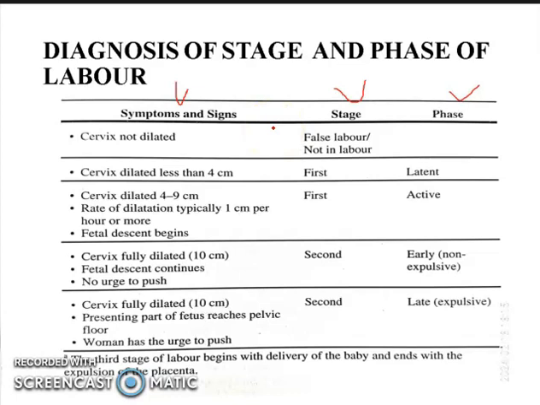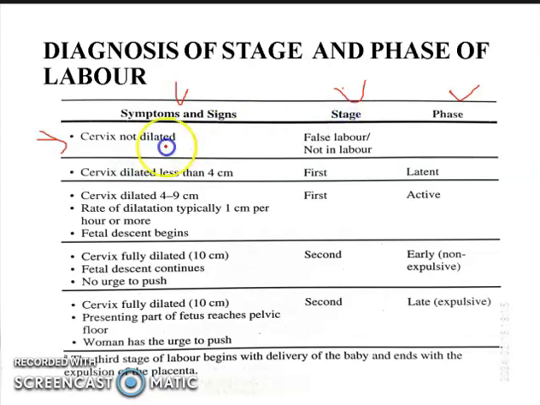These are the signs that you will use to tell what stage of labor it is and what phase the woman is in. So in our first row we have cervix not dilated. As you can see, the cervix is the one that is mainly used to determine the stages of labor. Okay, most of the times the cervix will determine when you open the partograph and usually the stages of labor.